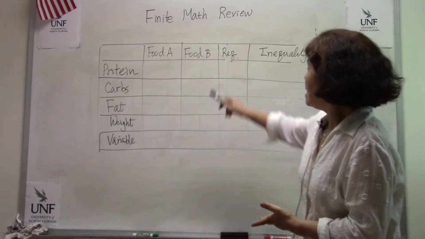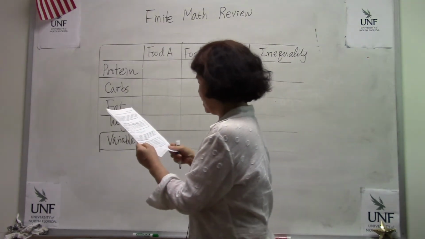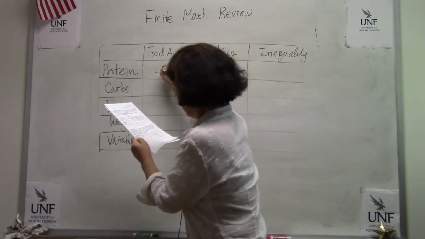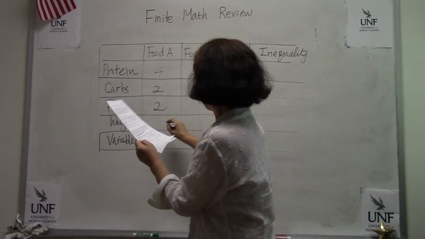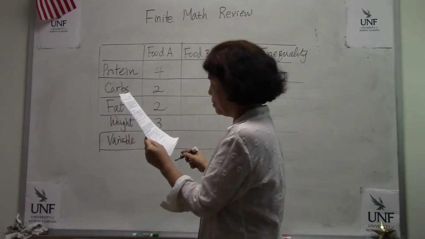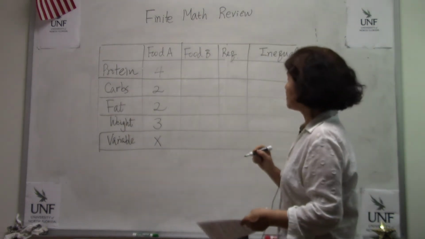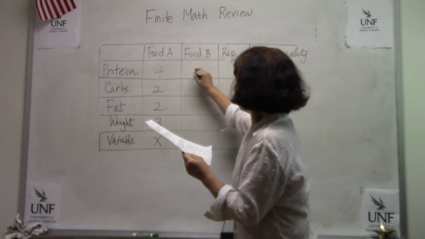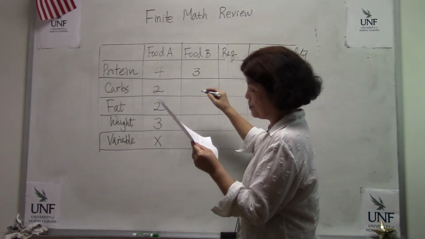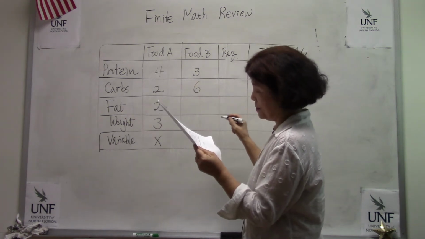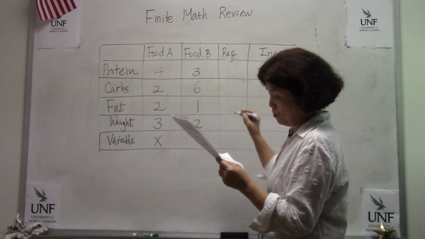Okay. So food A over here, what kind of nutrition? Protein 4 units, carbs 2 units, fat 2 units, weight 3 pounds per tube, and the variable, let's call it X. Food B provides 3 units of protein, 6 units of carbs, and 1 unit of fat, and the weight is 2 pounds.